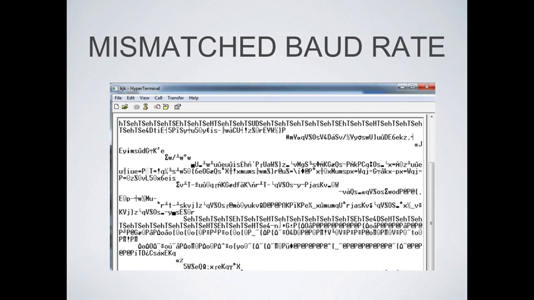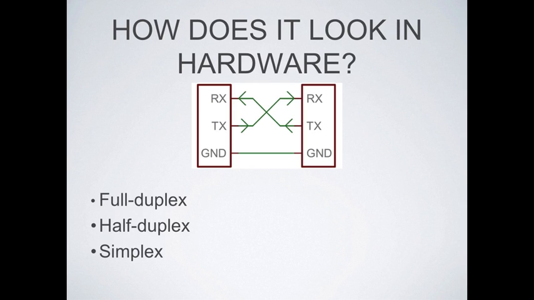So moving on, how does this look in hardware? Well, you have two devices that are going to be both speaking over some pins, and those pins will be assigned to be the receiver and transmitter, and then you'll have some sort of ground.